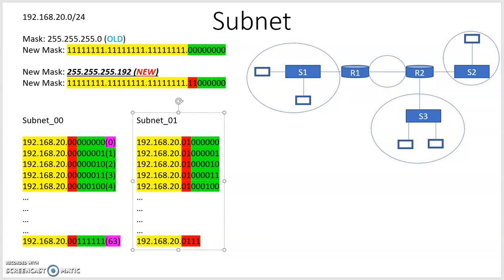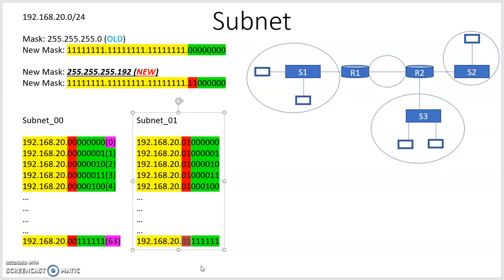So 1, 1, 1, 1, 1, 1, that's the last host that we have, from 6 bits. So what is this number?